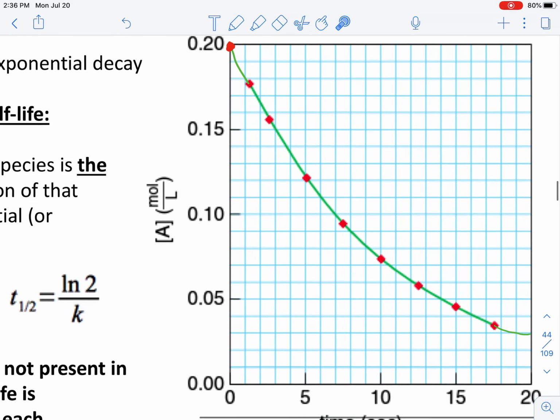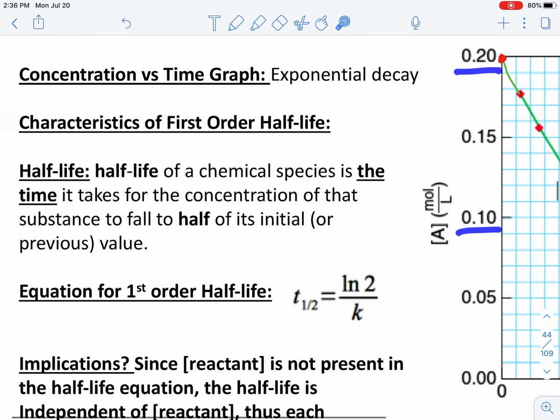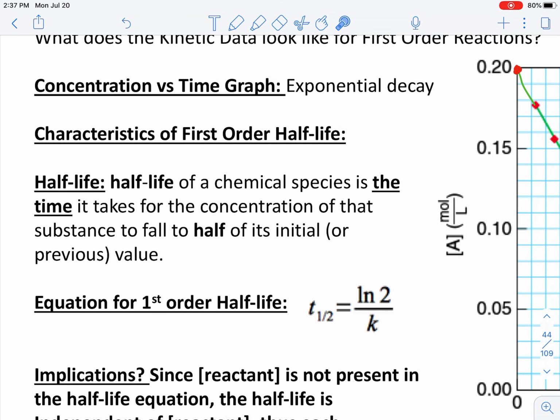Well, if the initial concentration is 0.20 molar, half of 0.20 molar is going to be 0.10. So remember, for a half-life, we're talking about the time it takes for the concentration to reach half of its initial or original value.